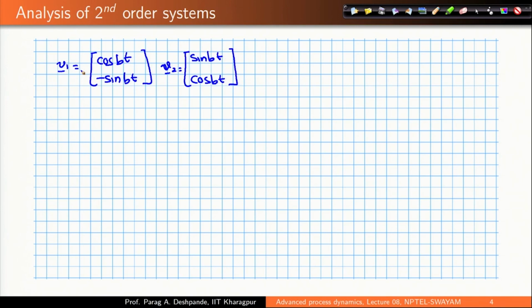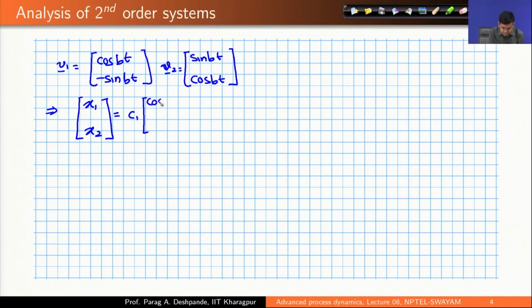If V 1 and V 2 are individually solutions of my linear system, then I know that their linear combination would be also a solution. So, I can write the ultimate solution of my system as C 1 times [cos b t; minus sin b t] plus C 2 times [sin b t; cos b t].